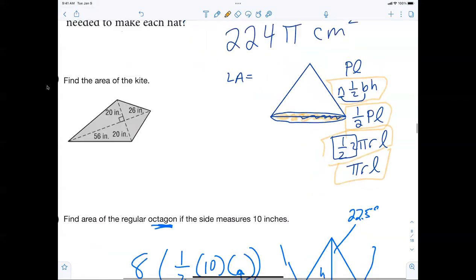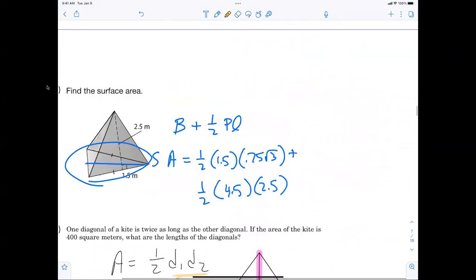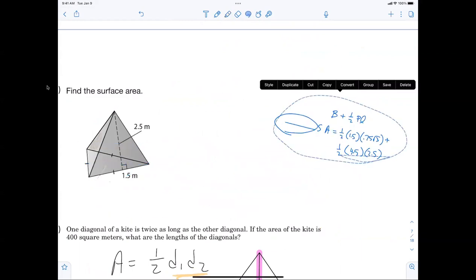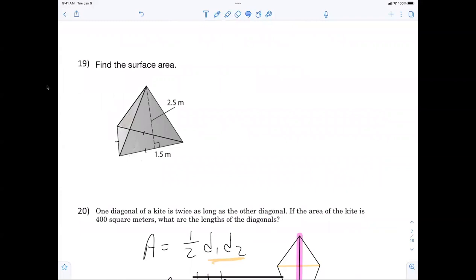All right, let's say I have a pyramid. How am I going to calculate the surface area of that? B plus, no, what? B plus 1/2 perimeter times slant height. So then you understand. You just think you don't. How did you come up with that?